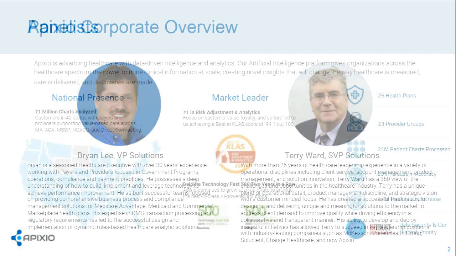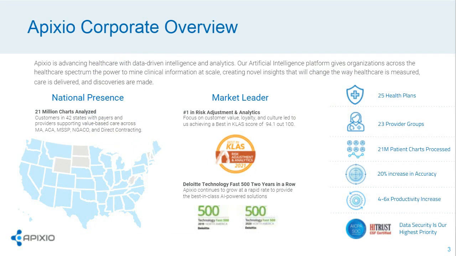As we mentioned, both Brian and I are from Apixio. For those that aren't familiar with Apixio, Apixio is an organization that has been integrating structured and unstructured information, including from medical charts, for over 10 years, with the goal of accurately capturing a patient's clinical profile. For the last 7 of those years, Apixio has been focused on directing this expertise and our market-leading artificial intelligence on risk adjustment.